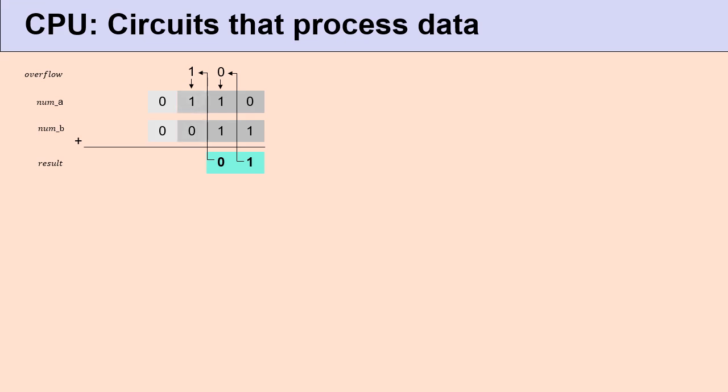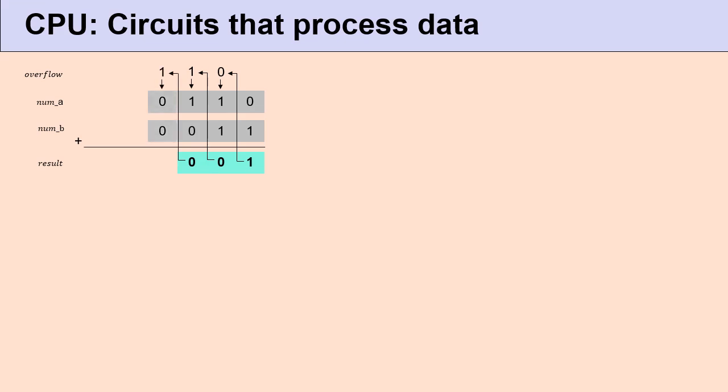In the third stage, when I add the two numbers which are 1 and a 0, I also need to consider the overflow from the previous stage. So altogether, I have 1 plus 1 plus 0. Again, the result is 0 with an overflow to the next stage. In the fourth stage, I have two zeros at the input numbers.